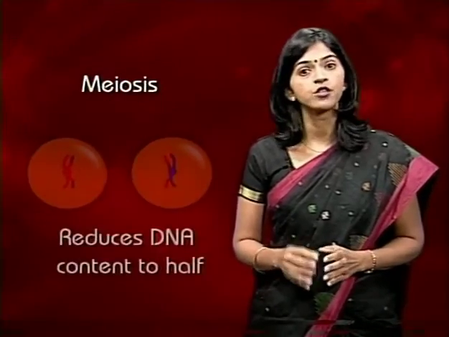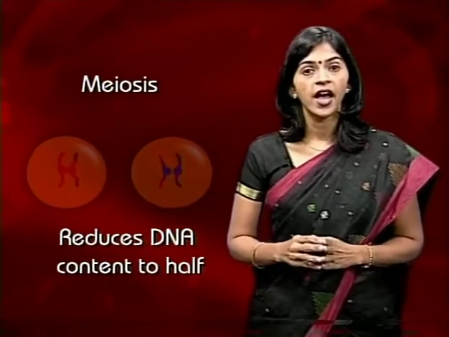So how is it that the DNA content and the chromosome number of a species is maintained constant? The gametes are special reproductive cells which consist of half the chromosome number of the other cells of the body, called somatic cells. And these gametes are produced by a special kind of cell division called meiosis. Meiosis reduces the chromosome number and the DNA content to half.